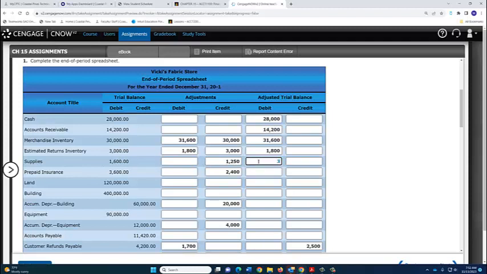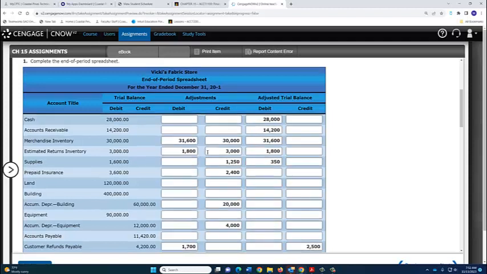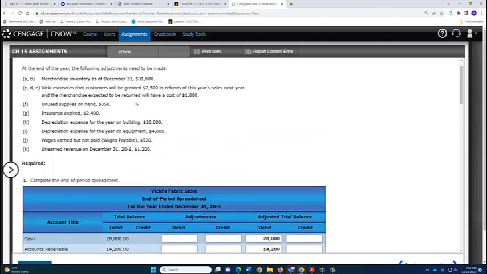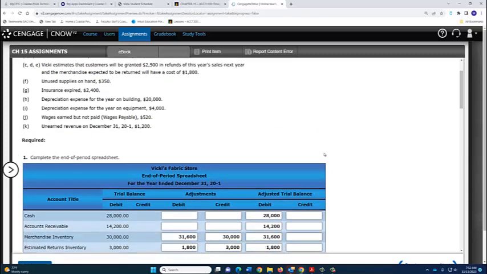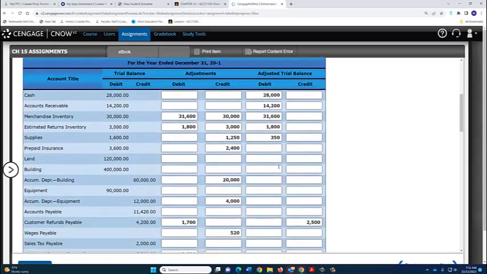The difference is $350. So now we are reporting our supplies at $350, which is exactly what our inventory said it would be. Prepaid insurance was $3,600. We subtracted 2,400, that's the amount we used up. So now the balance is 1,200.